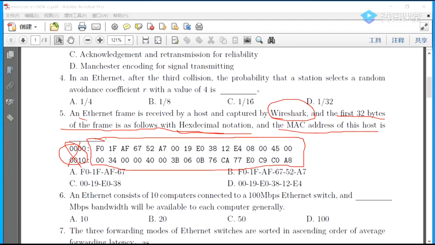This is an Ethernet frame received by a host and captured by Wireshark.